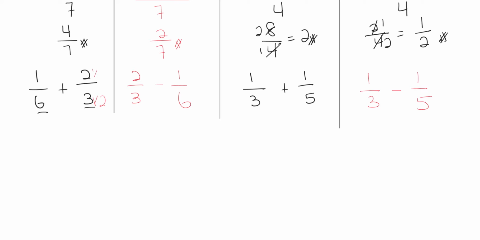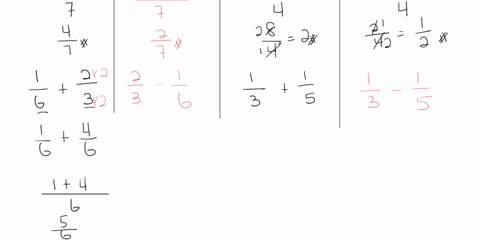And I've got to also multiply this by 2 so that it becomes an equivalent fraction. So what happens is I have 1 over 6 plus 4 over 6, which is now I can copy the denominator since it is common and add the numerators, which is 5 over 6.